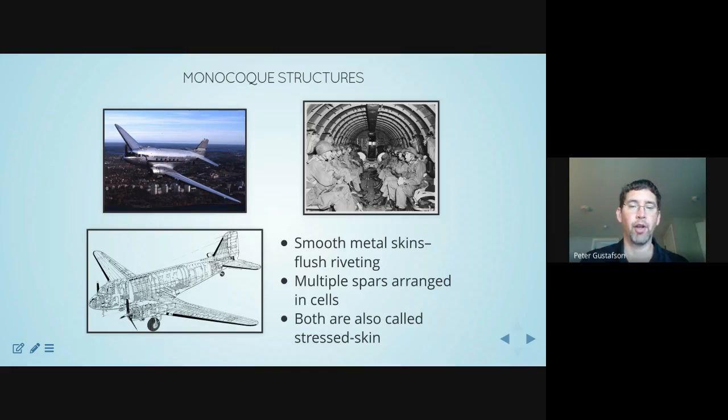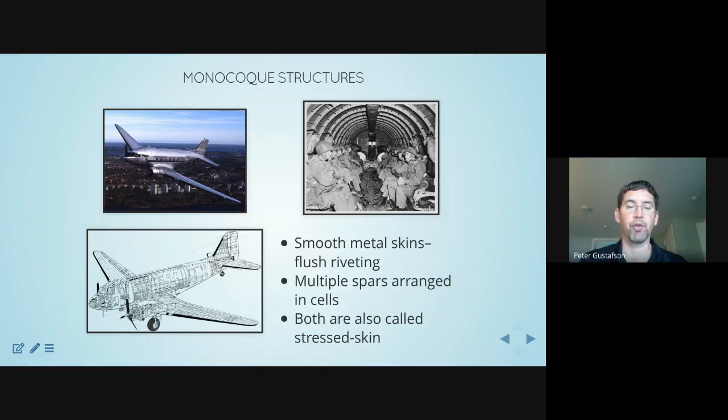And this image in the top right was an image of paratroopers in a DC-3, which you can actually see internally the structure of the aircraft exhibiting the semi-monocoque structure. So what does that mean? What does that word mean?